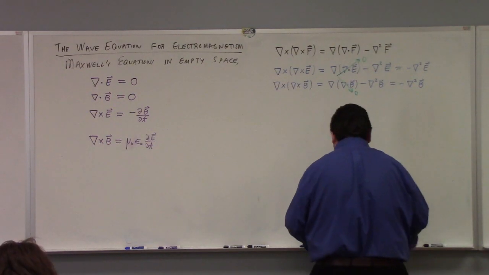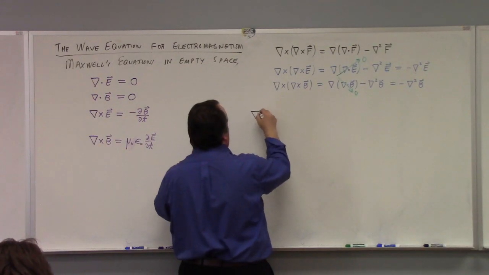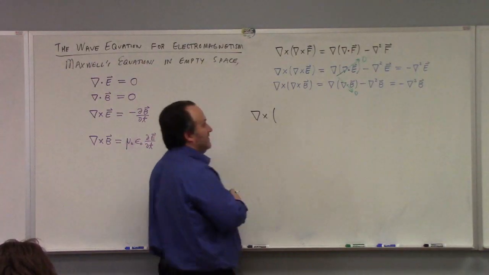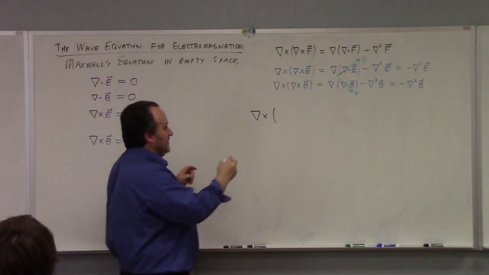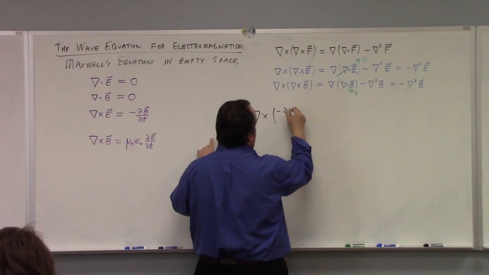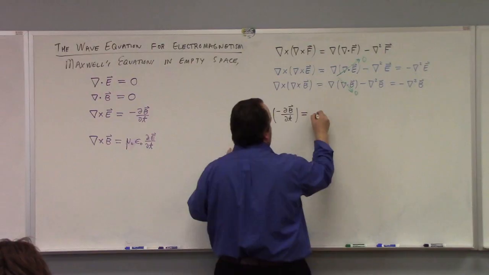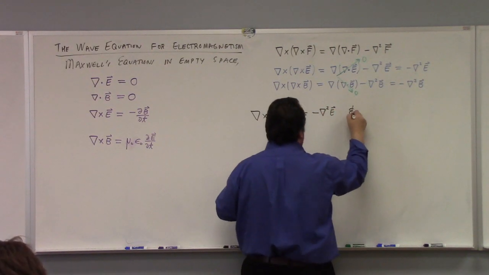But then we have the curl of, well, what is del cross E? What's the curl of E? It's minus partial B partial t, and the curl of the curl of E is equal to minus nabla squared E. I'll do it side by side here.